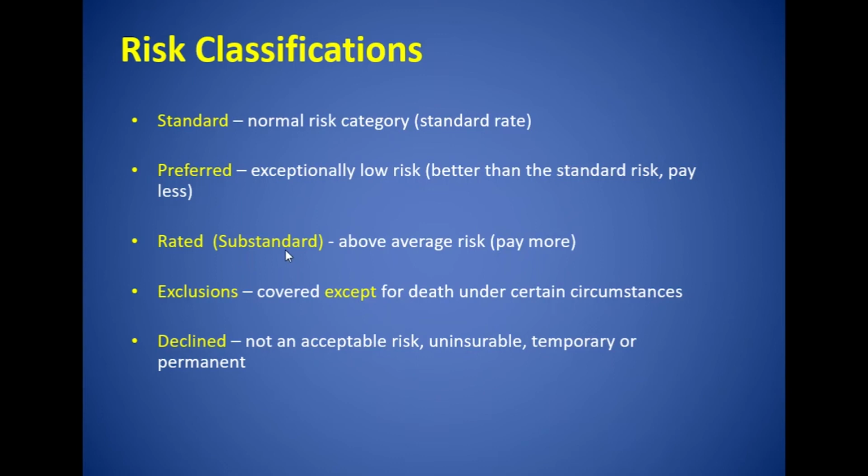And so usually once someone has been declined at one company, the agent will probably submit the application to 1 or 2 other companies for them to take a look at it and determine, do they feel the same way? Are you uninsurable, or maybe they would be willing to accept you on a rated basis.